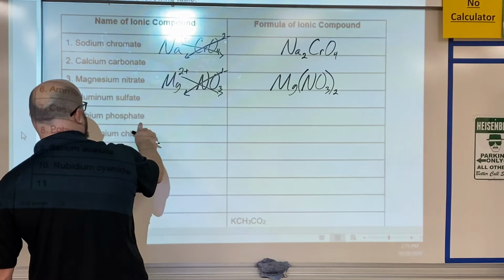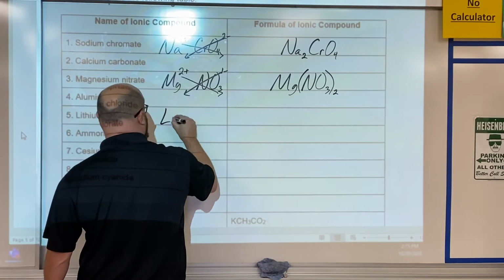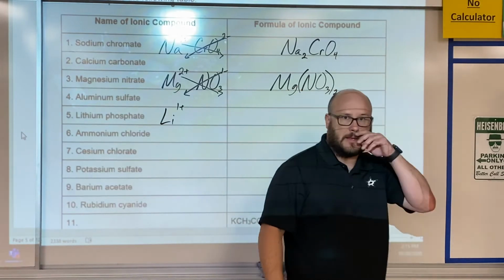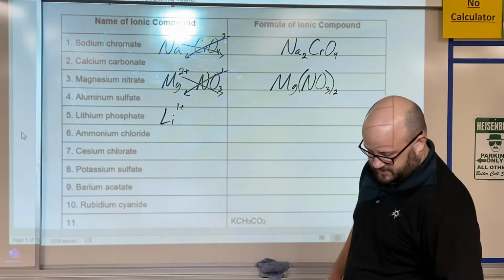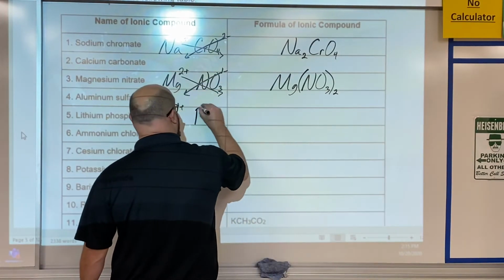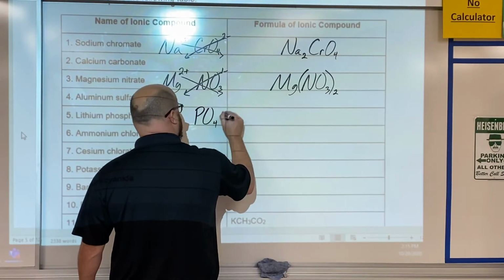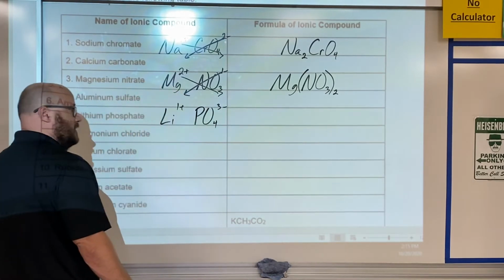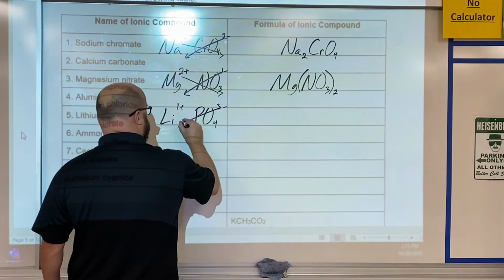Okay, let's look at lithium phosphate. Lithium is a 1+ cation. Phosphate is PO4, 3 negative. Crisscross applesauce.